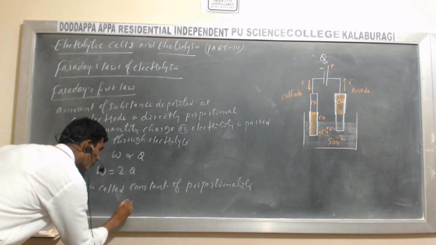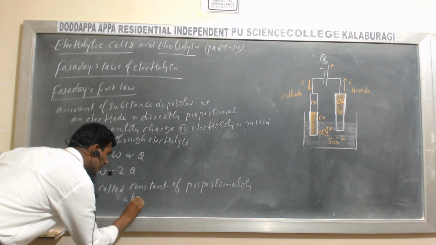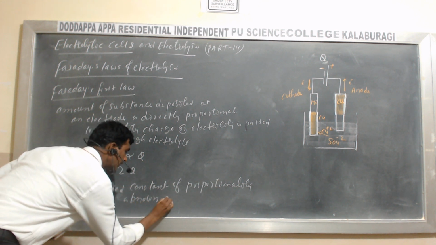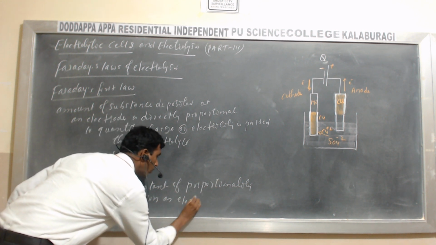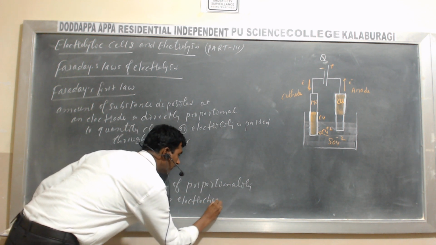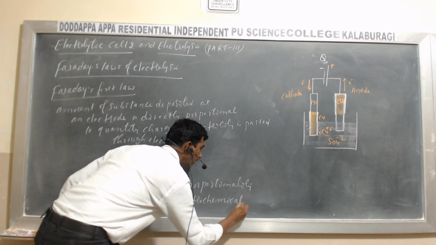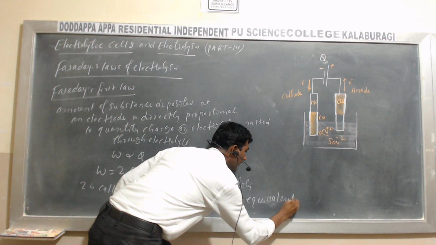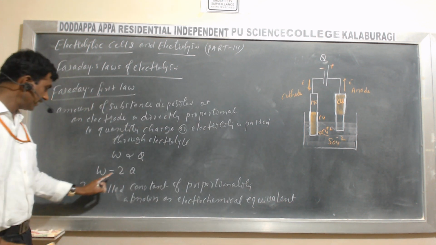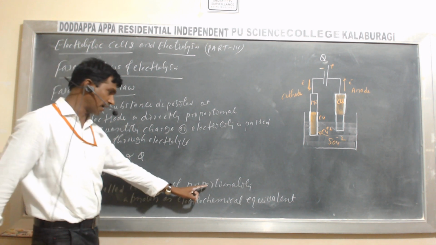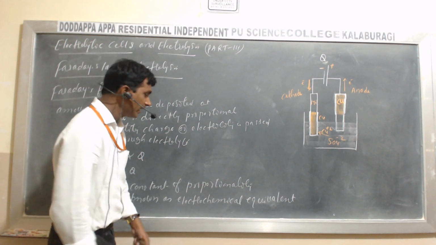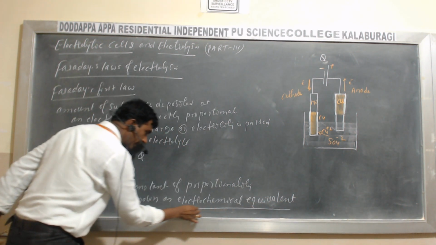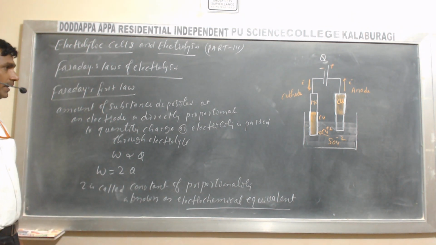This constant of proportionality is known as the electrochemical equivalent. So Z is called the constant of proportionality, and it is known as electrochemical equivalent.